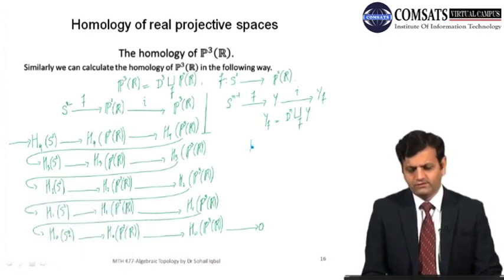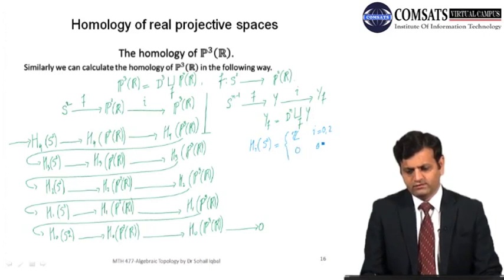We know the homology of the sphere, H_i of S2, which is equal to Z when i is equal to 0 or 2, and this is 0 otherwise. We also know the homology of the real projective plane.